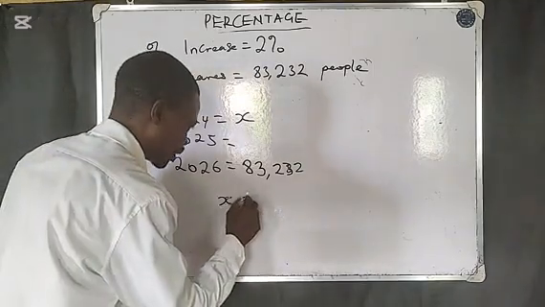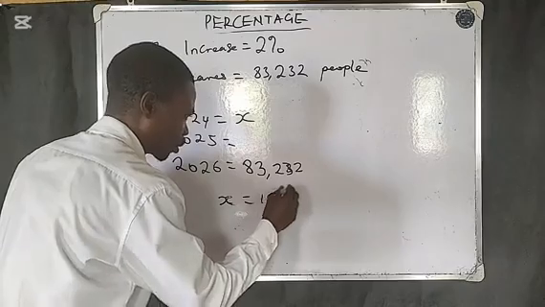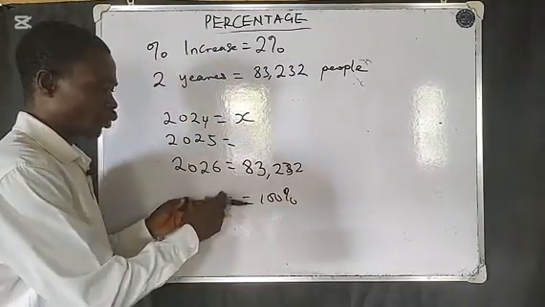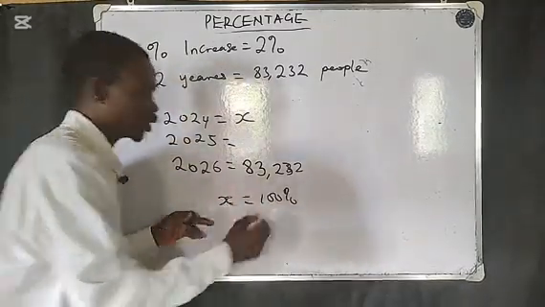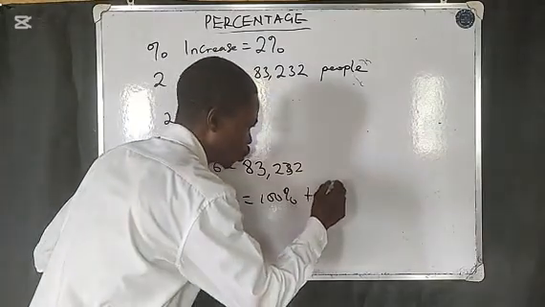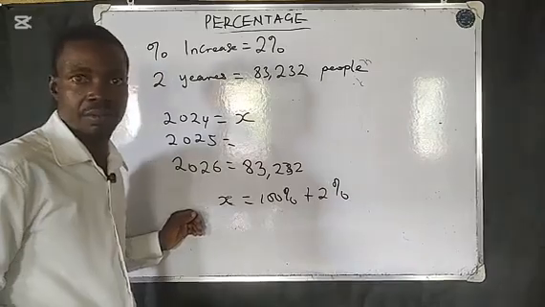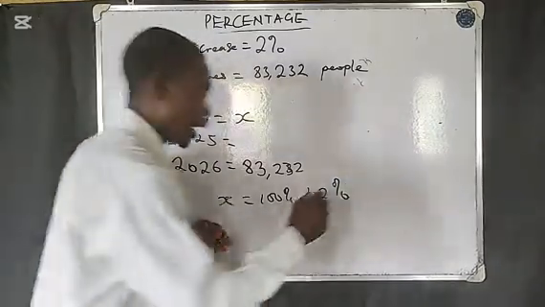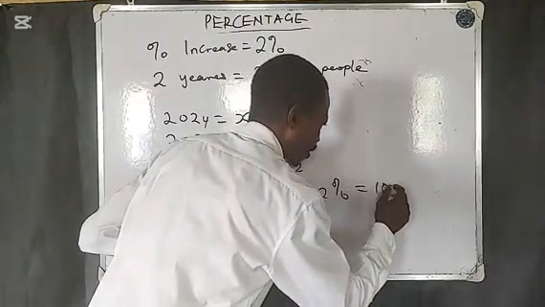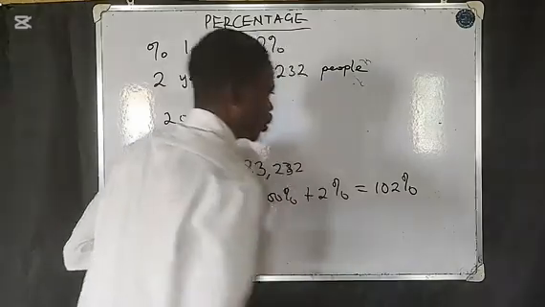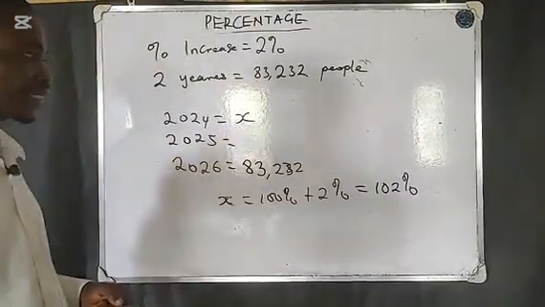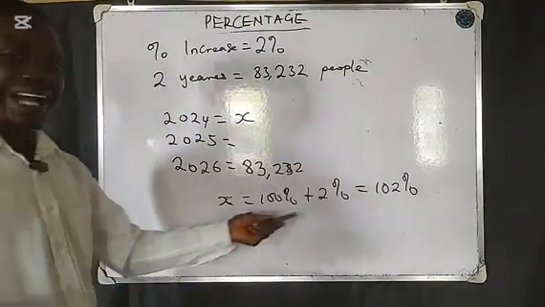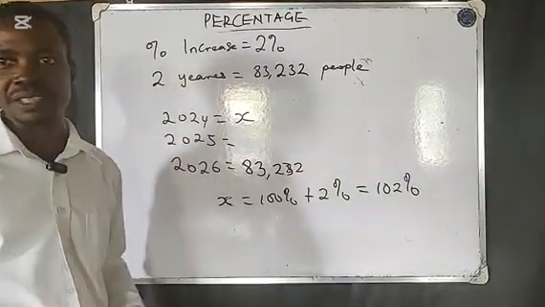So as it is now, it is 100%. If you want to increase it by 2%, that means we are going to add 2% to it, and it will become 102%. So if we want to increase anything, we add the percentage to 100%.